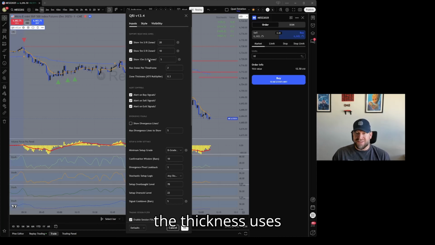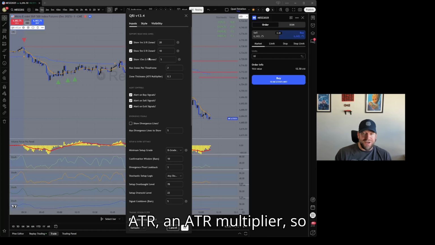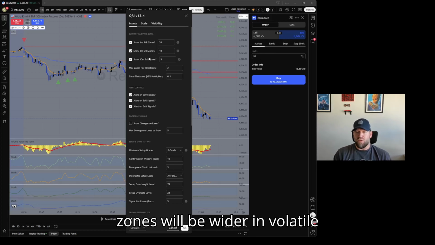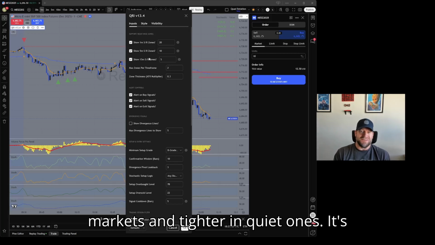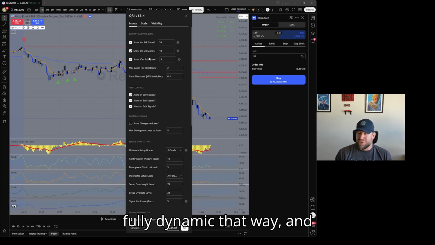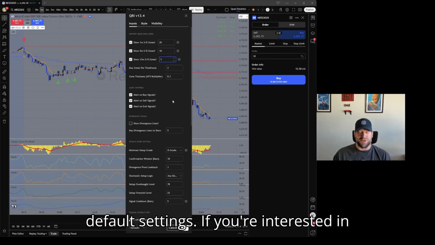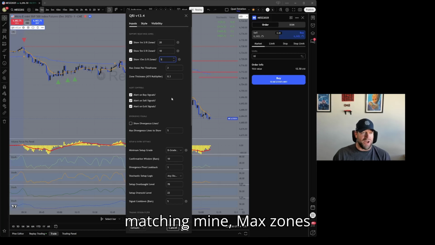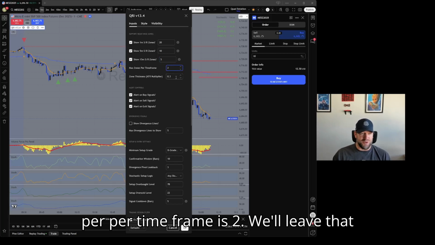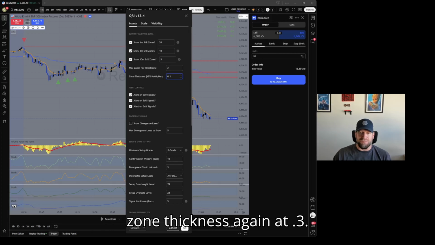And the thickness uses an ATR multiplier, so zones will be wider in volatile markets and tighter in quiet ones. It's fully dynamic that way. I'm showing this off so you can see my default settings if you're interested in matching mine. Max zones per time frame is 2, and we'll leave that zone thickness again at 0.3.